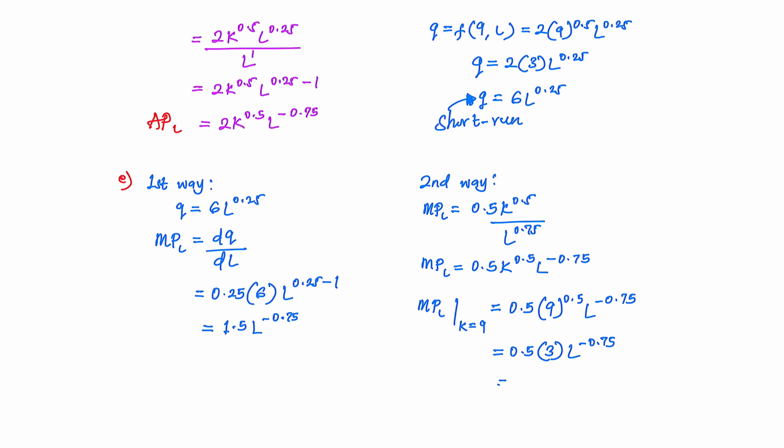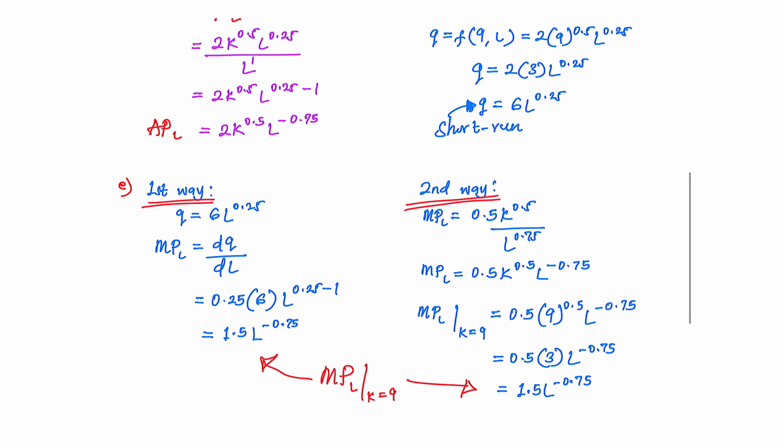So we have equals 0.5 times 3, that's 1.5, L to the power of minus 0.75. And then you can see that the marginal product of labor when capital equals 9 in the short run is exactly the same thing. So whether you use the first approach of taking the derivative of the short-run production function, or you go back to the original marginal product of labor function and substitute in the value of capital, you get your marginal product of labor at that specific capital level.